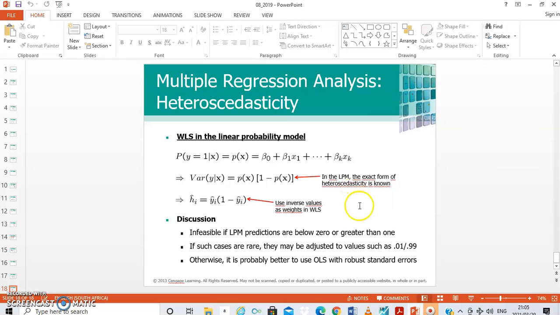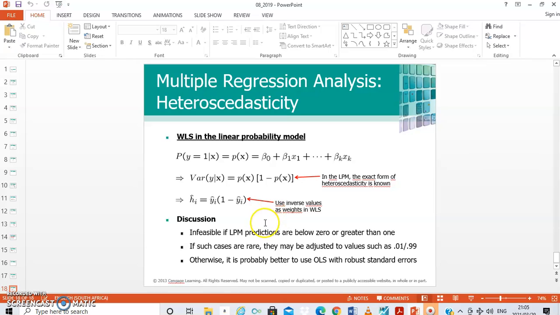That's why we say in the linear probability model the exact form of heteroscedasticity is known. Because it's known, you know how to remedy it, and that's why we said you can use the inverse values as the weights.